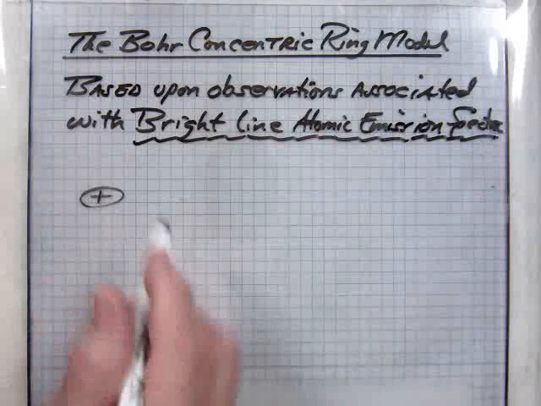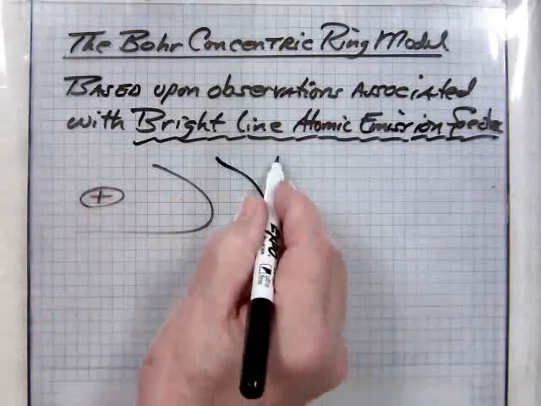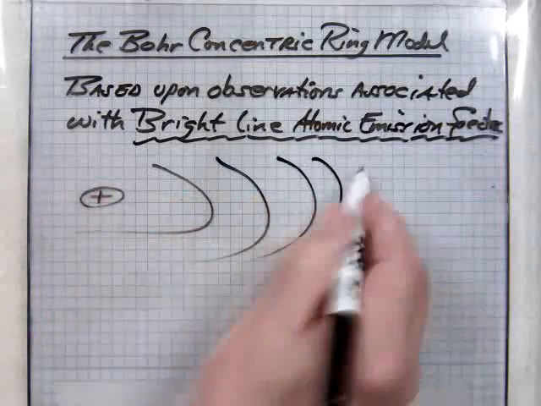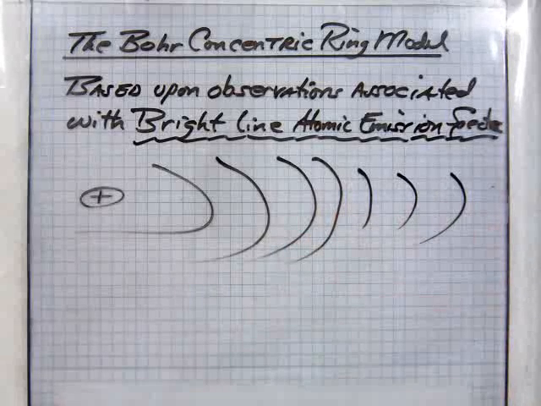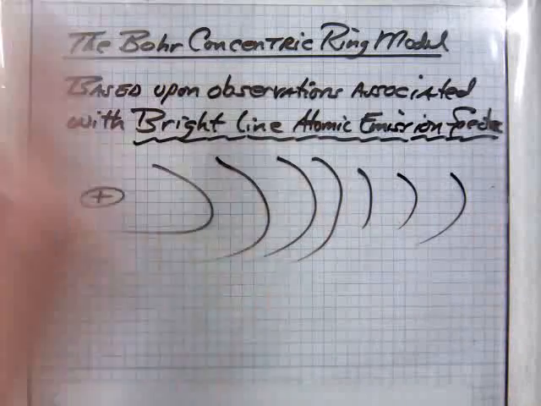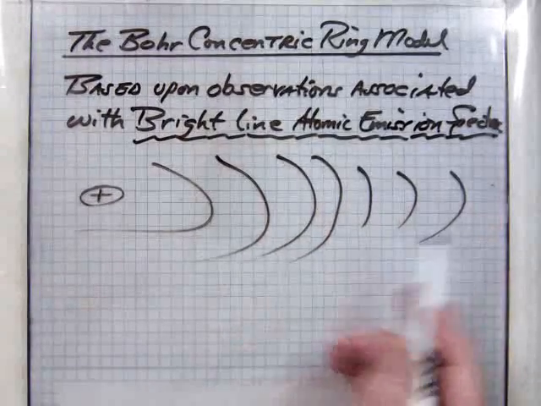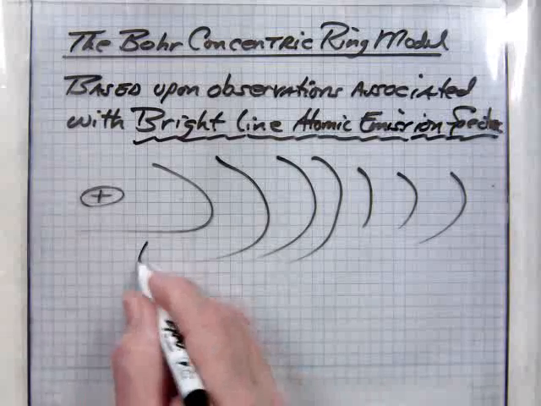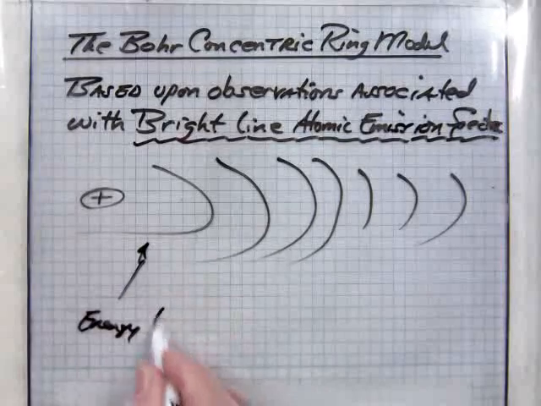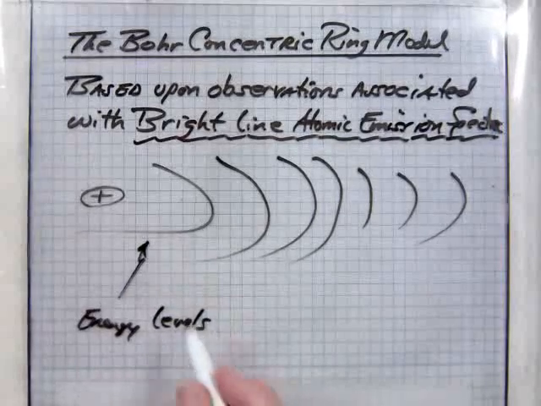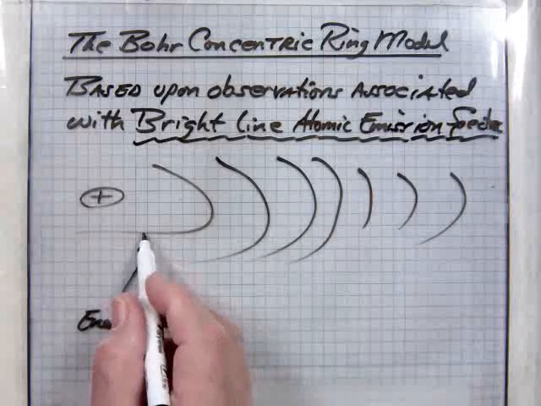So in a simplified format, you visualize, of course, it going all the way around. These represent what they call energy levels. And we have electrons in that particular energy level.